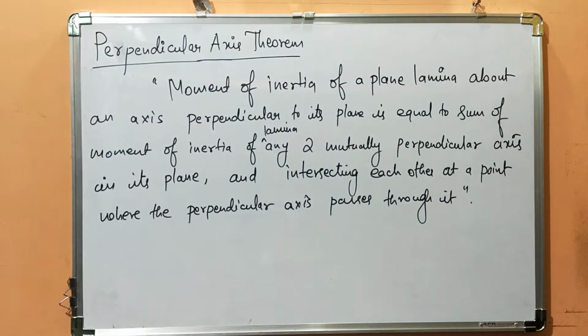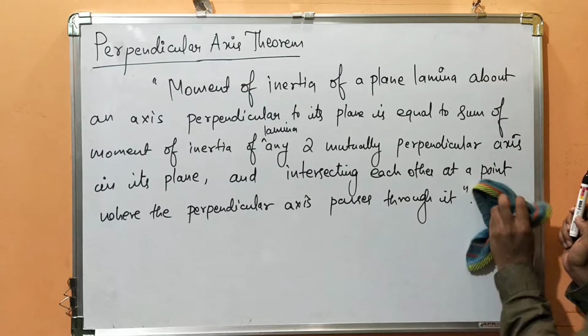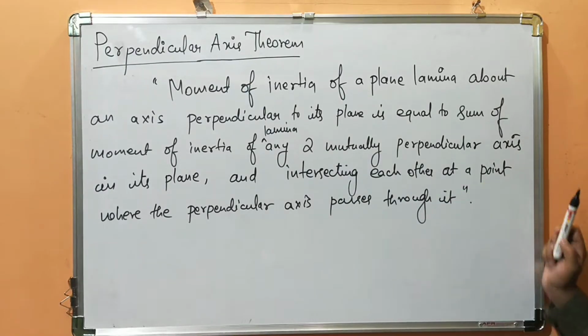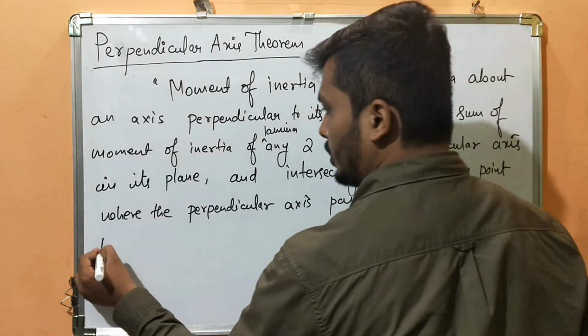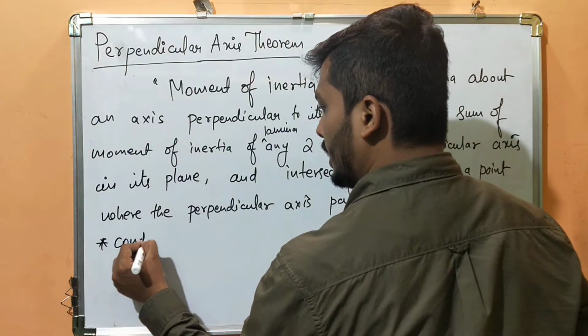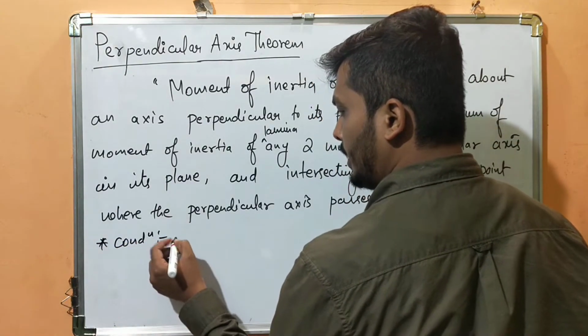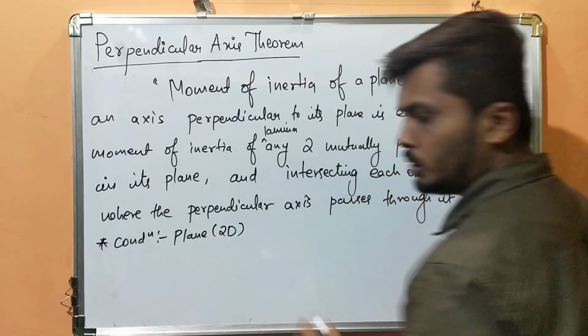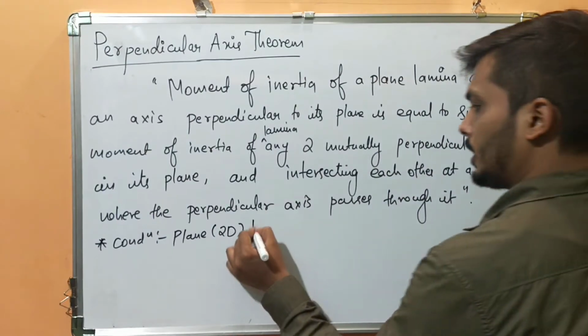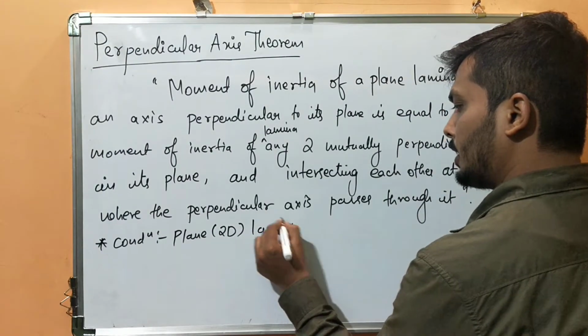So what they are telling basically here is, I'll erase some of the part here, or else I'll try to explain here only. Now the first and most important condition you remember, this theorem is only valid for a plane object. Plane objects are 2D objects, or you call it a lamina.